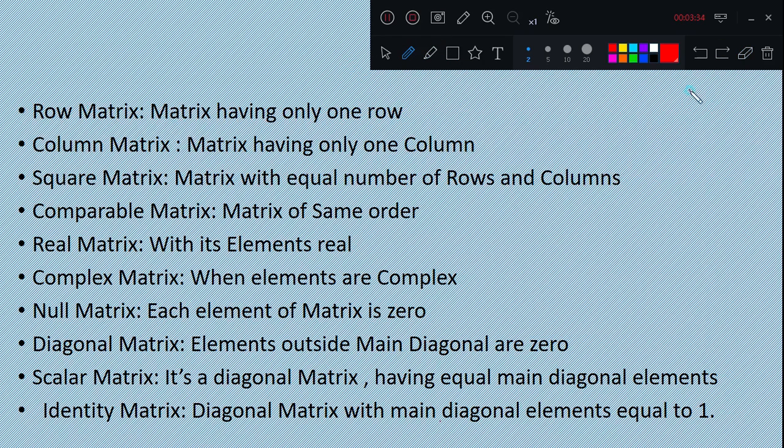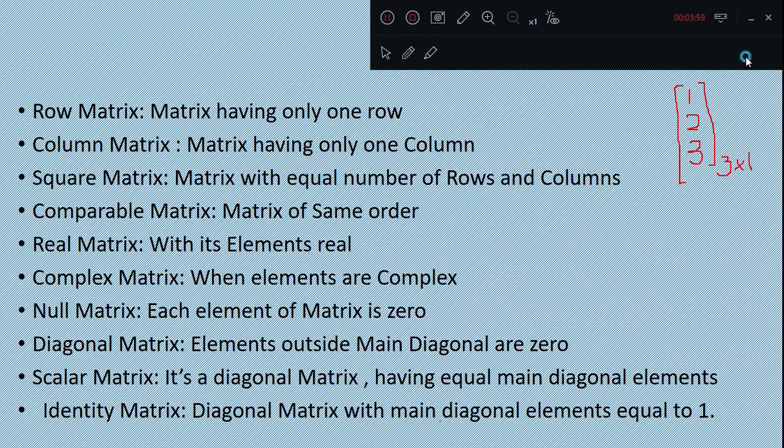A matrix having only one column is termed as a column matrix. For instance, if I have elements like this, we have only one column here, and then I can say that this matrix is a column matrix as it has number of rows equal to 3 and number of columns equal to 1.